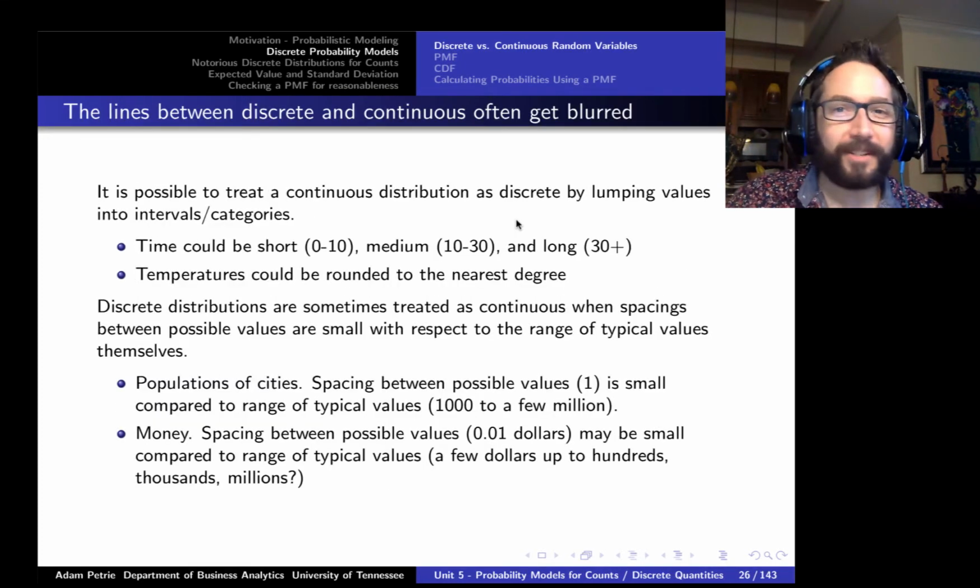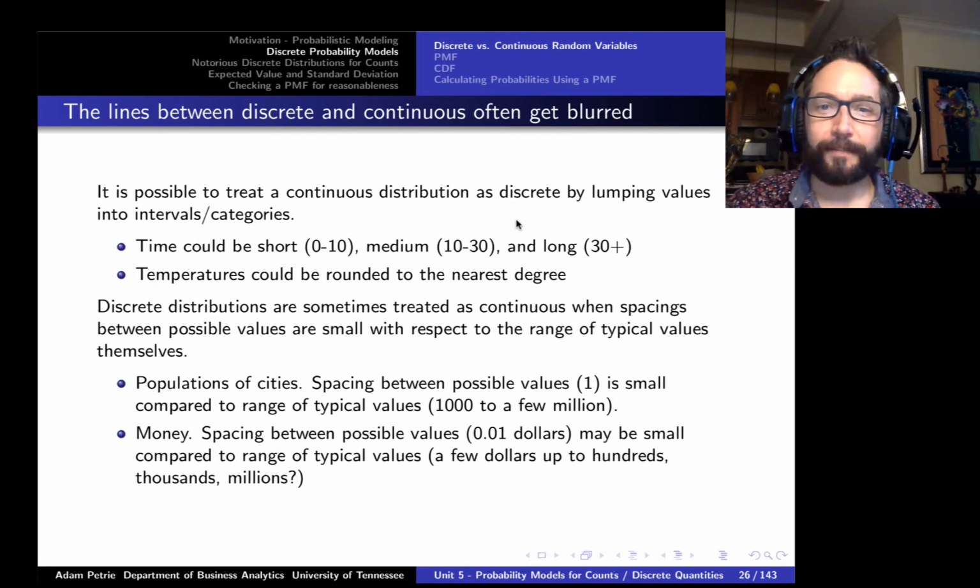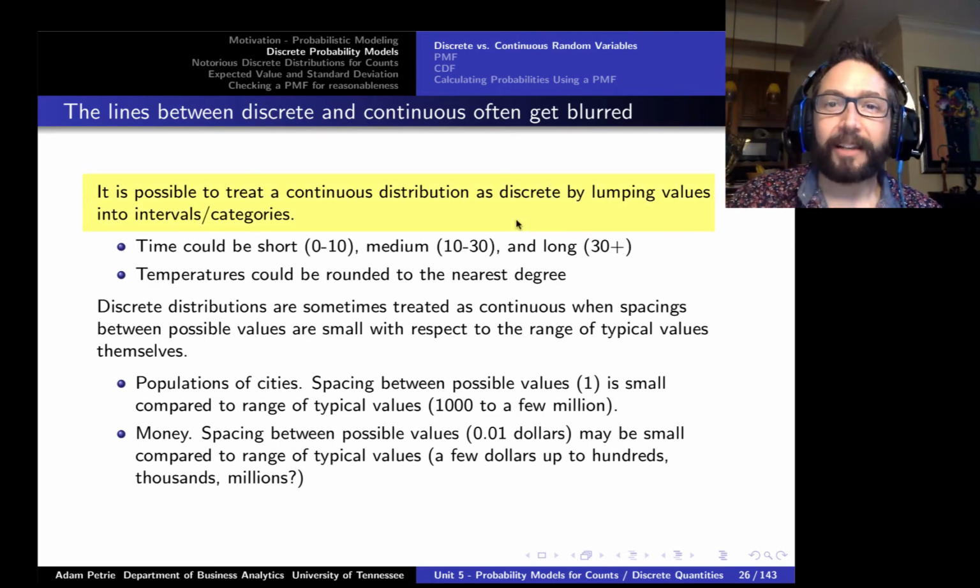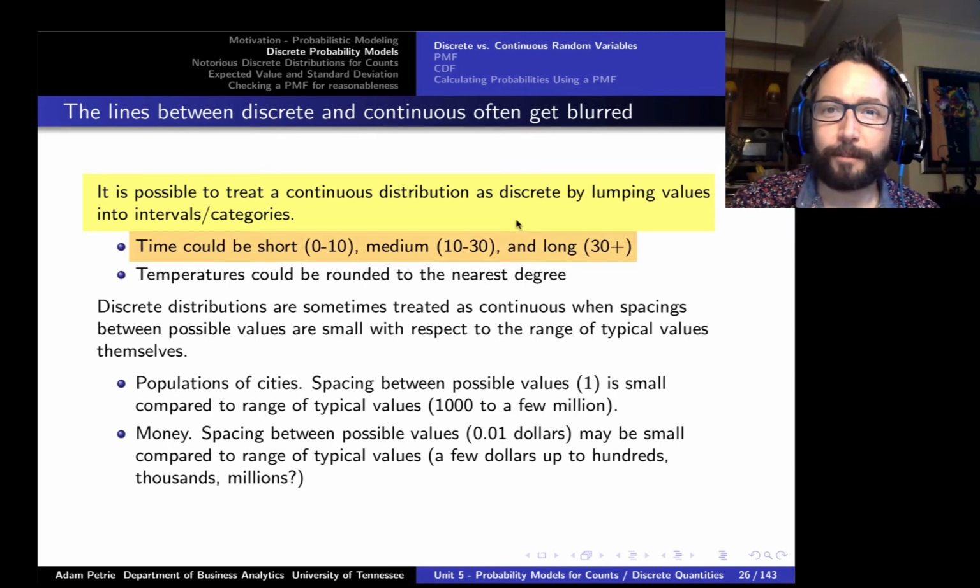So, of course, in business analytics, we're going to blur the line between these two quantities a bit because very often we can justifiably go from one world to the other. So, for example, we might have an inherently continuous quantity like length or time that we can create a discrete variable out of by coming up with categories. So time might be measured in terms of 3 categories like short, between 0 and 10, medium, between 10 and 30, and long, 30 plus.